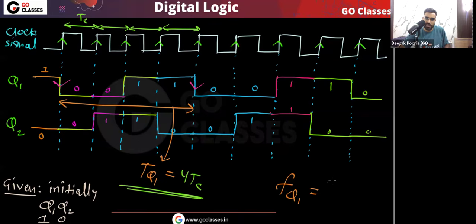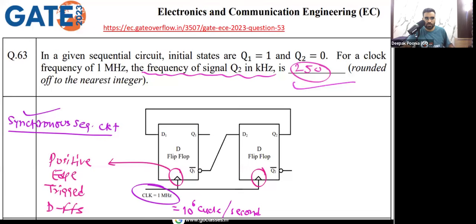So FQ1 is again FC divided by 4, and the answer you will get is 250 kilohertz. That's it, very simple. This is the complete analysis of this question. If I ask you what FQ2 is, that is 250 kilohertz, and FQ1 is also 250 kilohertz.